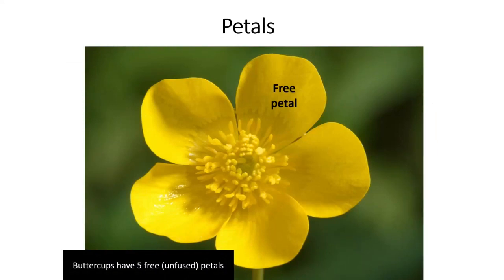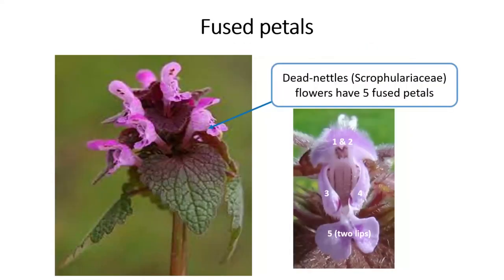Again, coming back to our buttercup, if you turn it back over and you're facing the flower, each one of those petals is free. They're not joined together, so you could pluck them out and none of them are attached to each other. Whereas something like the dead nettle family, the Scrophulariaceae there, they have flowers which also have 5 petals, but they're fused together.